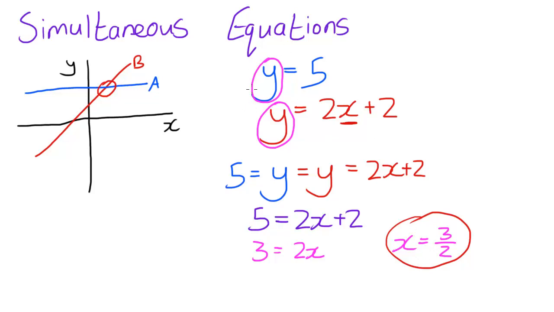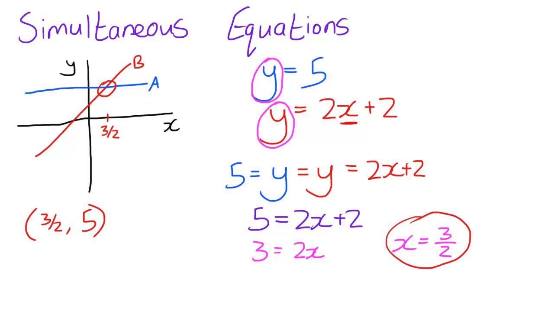So we know that at this point of intersection, our x value is going to be 3 over 2, and our y value is going to be 5, because y is always 5 regardless of what x is. So our point of intersection is 3 over 2, or 1.5, comma 5.